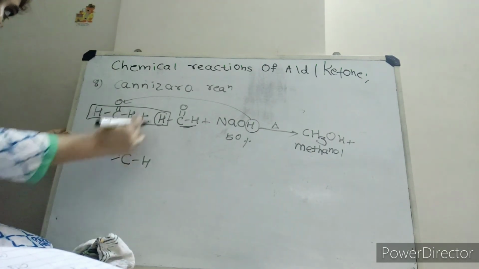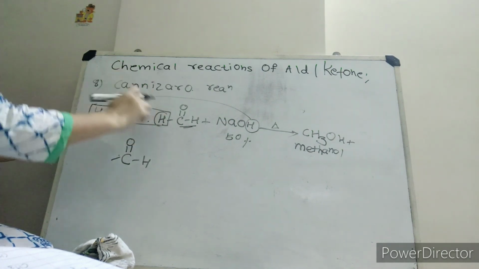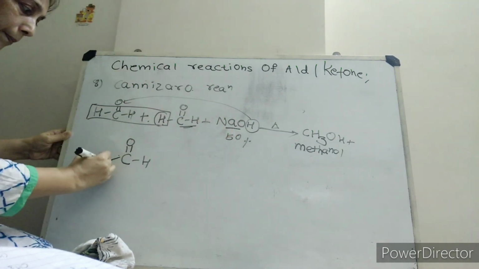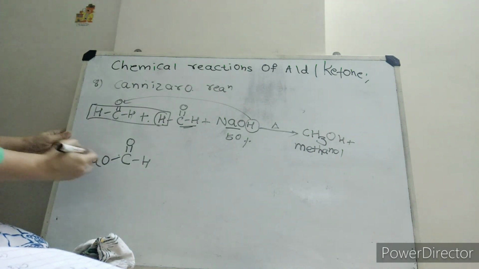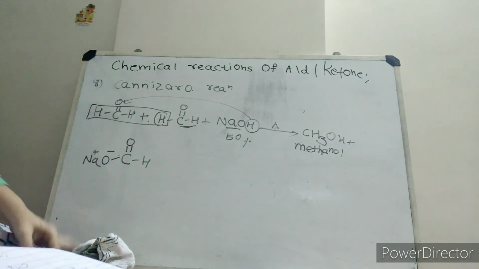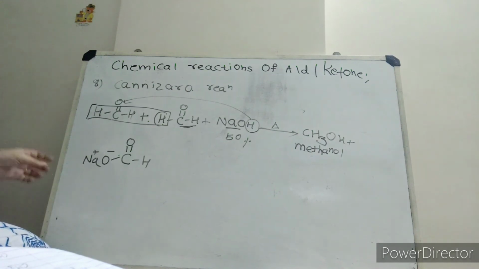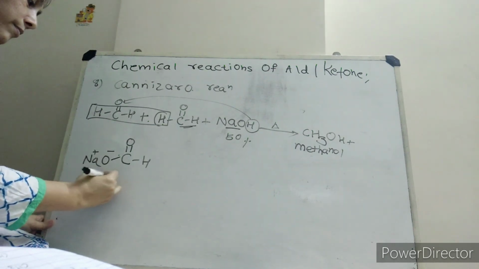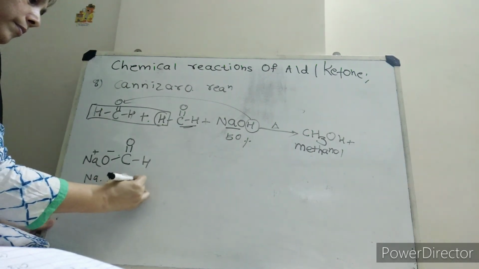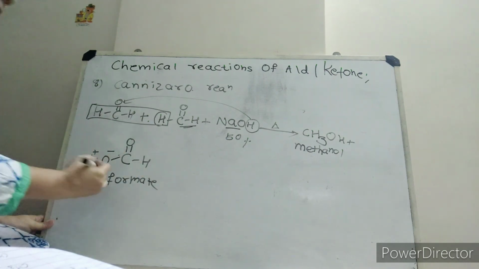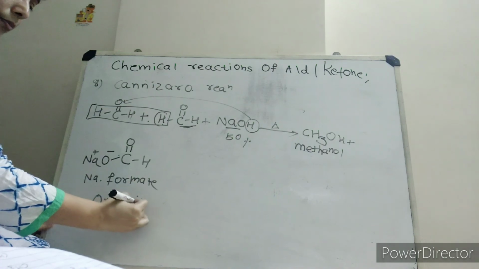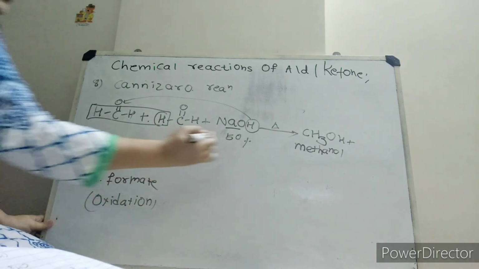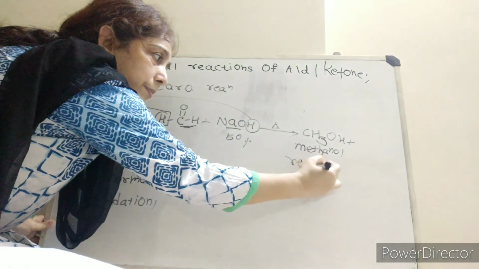And before the COH, instead of this hydrogen, we have to put ONa, with a minus and a positive sign. It is known as sodium formate, formed by oxidation, while the other is by reduction.